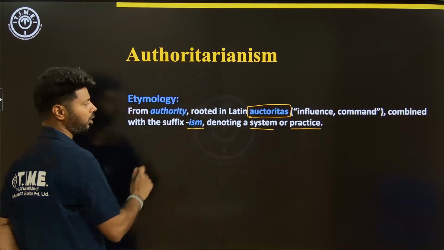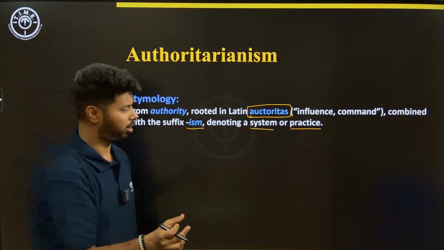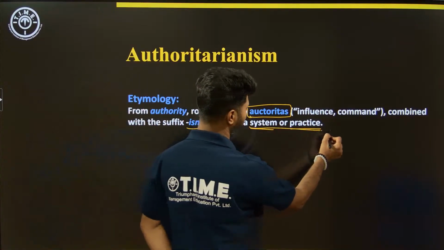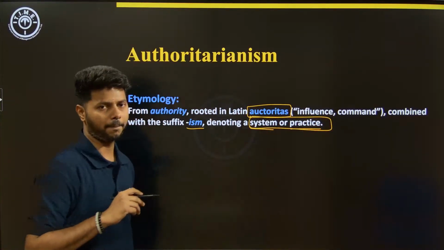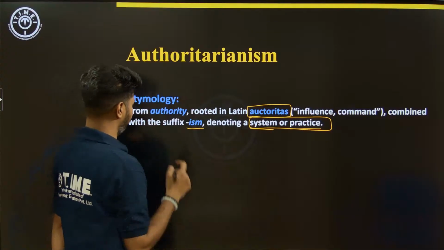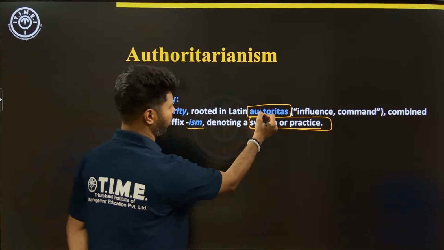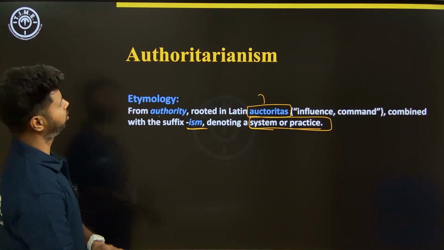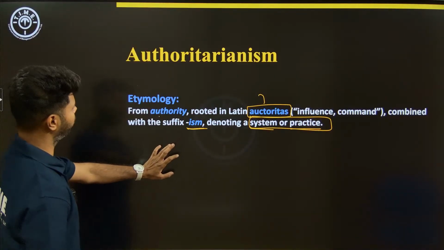This is again very important. The moment you see ism attached to something, you should know that it's basically talking about a system or a practice. All right. So authority comes from auctoritas and ism, right? That's the origin of the word.